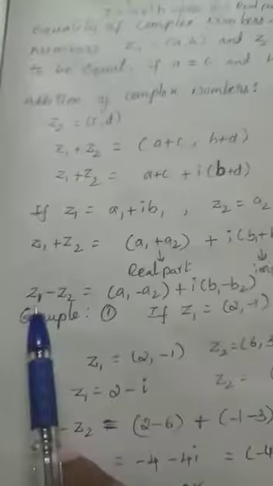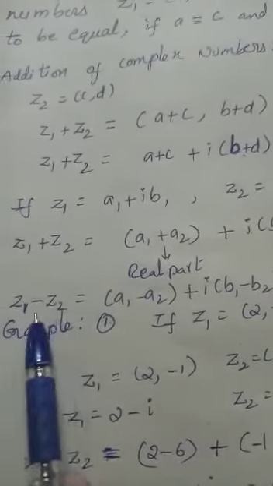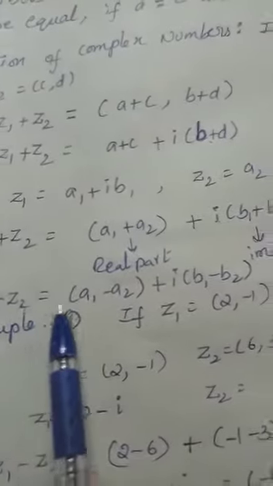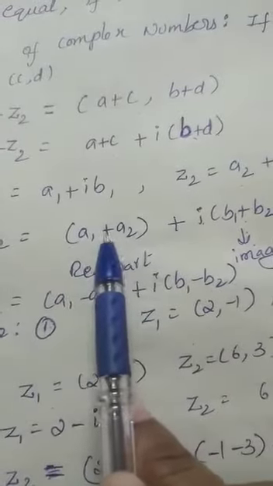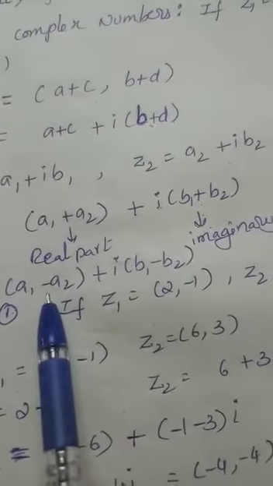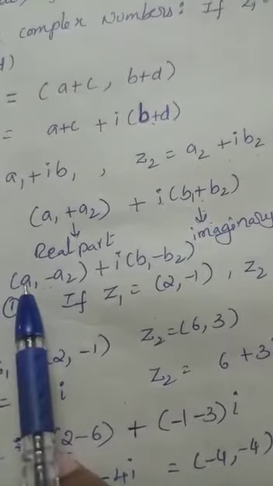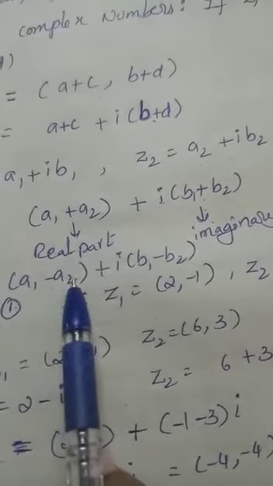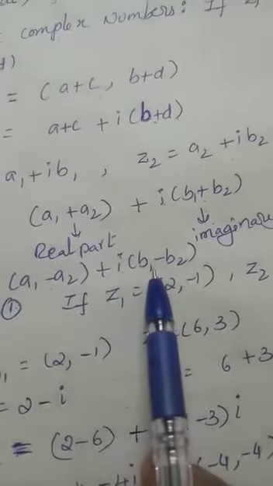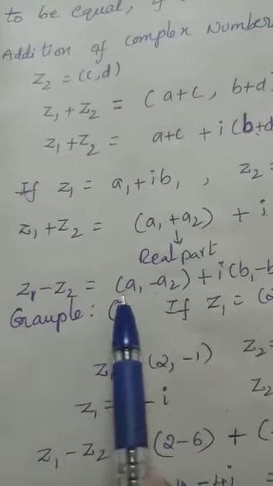Okay. Z1 minus Z2. Subtraction of complex numbers. So here we are taking plus symbol because we are adding. Here we are taking negative because subtracting. So subtract real parts A1 minus A2 plus i into B1 minus B2 will give the subtraction of complex numbers.